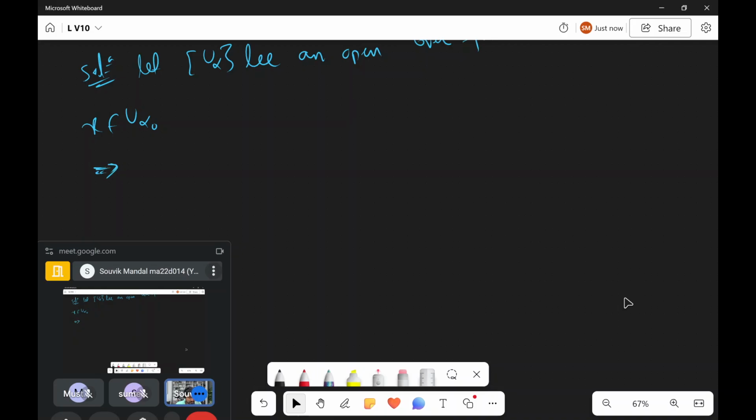This implies there exists n such that Xn belongs to U alpha naught for all n greater than or equal to k. Sorry, it should be there exists k.